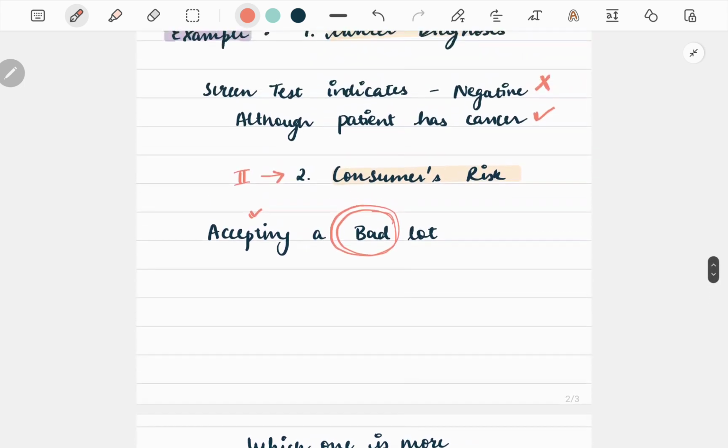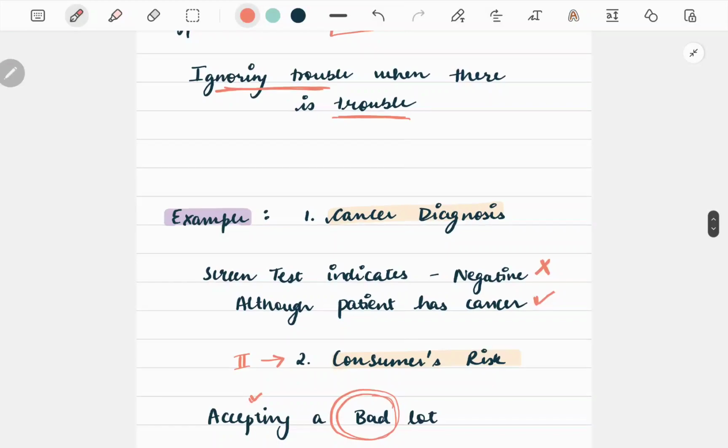If we go back to our example of cancer diagnosis, we can certainly say that ignoring the trouble when there is trouble is more serious, because if the person has cancer and it is not diagnosed, then it will lead to delay in the treatment and there will be less chances of successful intervention.